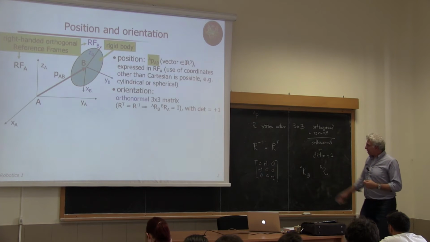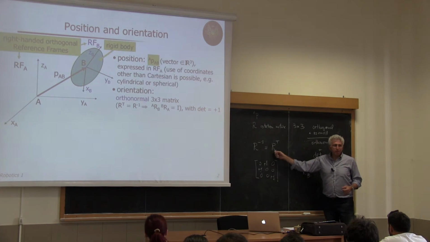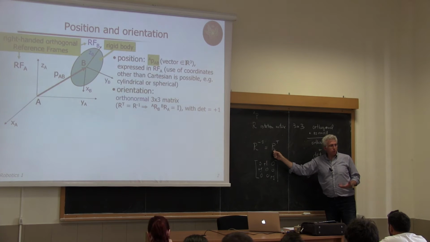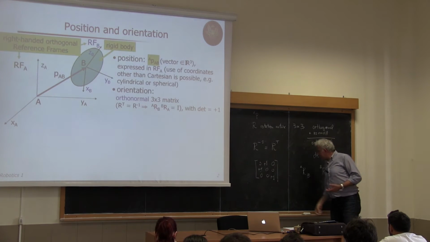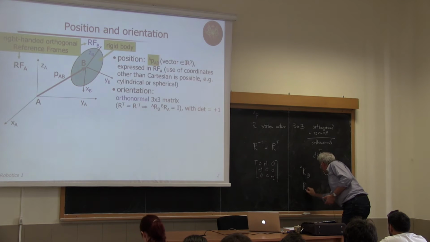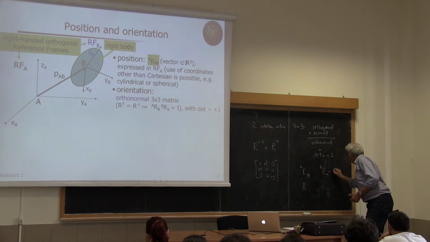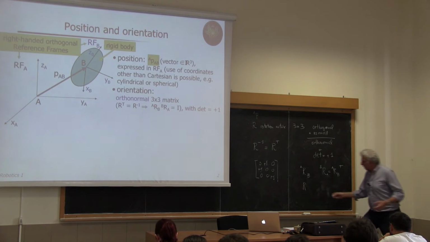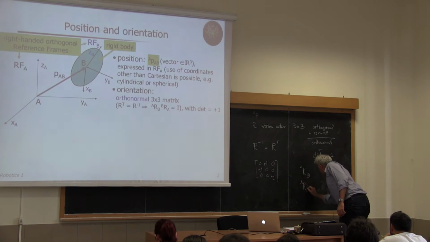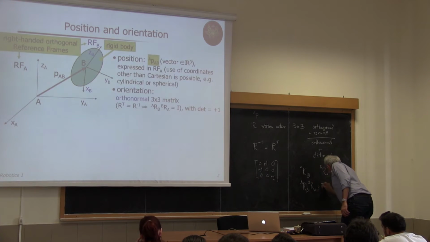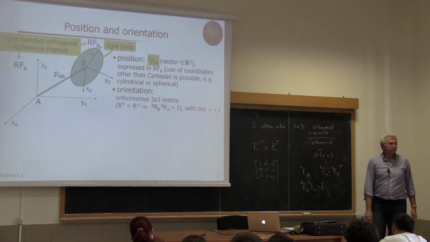And because this is an orthonormal matrix, this inverse operation is just a transpose. And in fact, we can write that this is equal to RAB transpose. And we can also write that if we do this product, we obtain the identity.